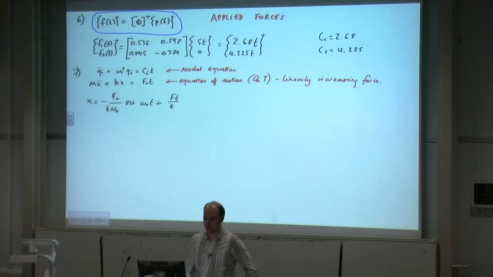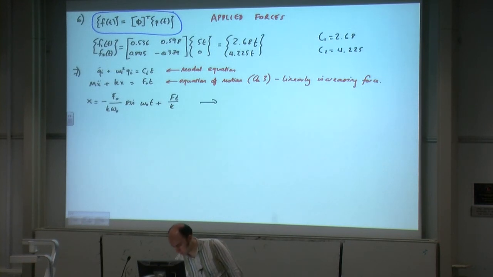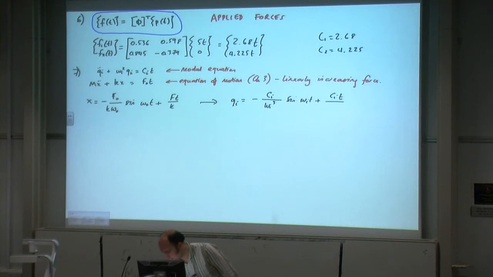That was the solution for this second equation. So therefore, qi must be equal to minus ci divided by omega i cubed sine of omega i t plus ci t divided by omega i squared.